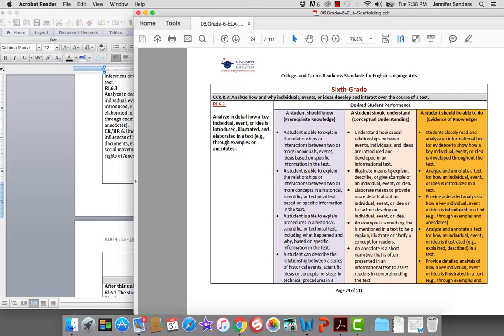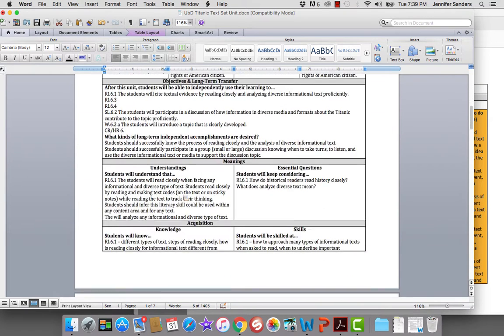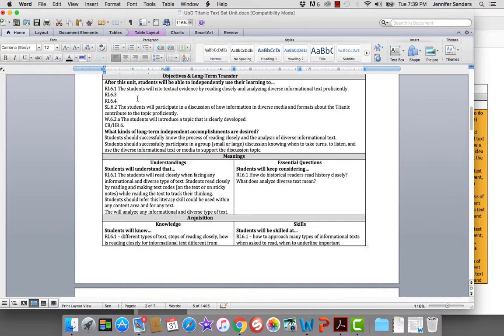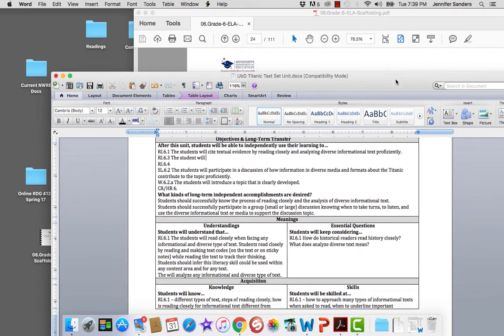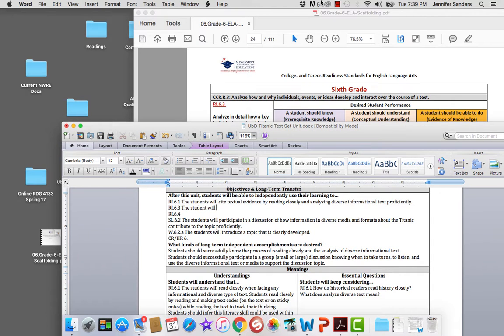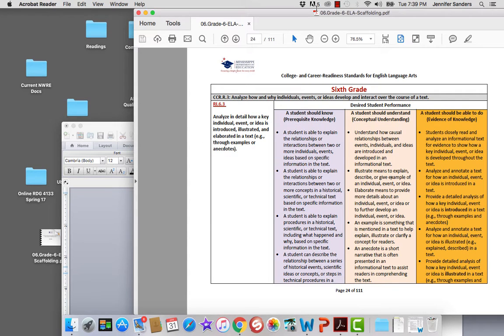Illustrates means to explain, describe, and give example of an individual event. So we're really focusing on the key event. And the key event here for my unit is the sinking of the Titanic. So I simply want, the student will, what is it asking you? The student will, and I love to look at these kind of in the same.